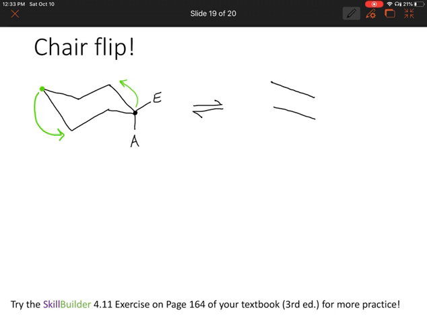Okay, so we've got our parallel lines going the other way, and then I'm going to draw an up triangle on the right and a down triangle on the left. So we flipped everything, and now our front carbon with the substituents is in the back.